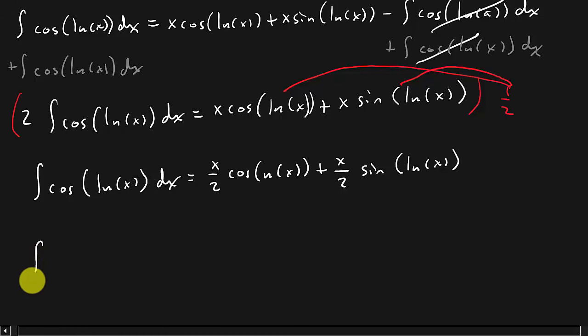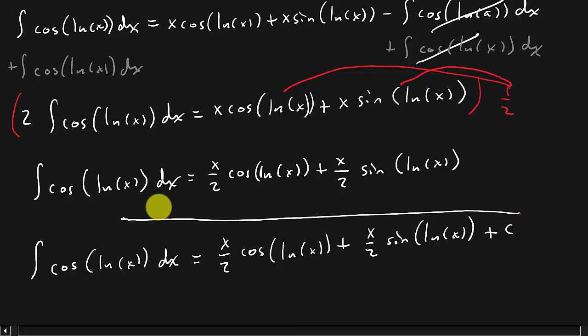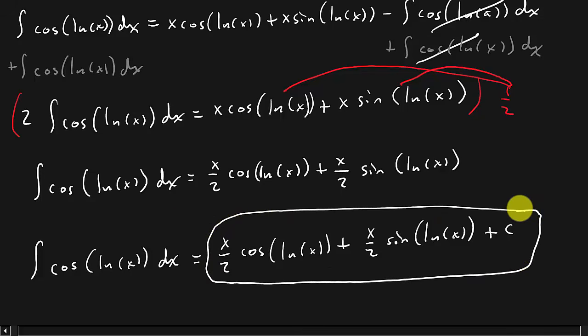And then we get the integral of cosine natural log x dx is equal to x over 2 cosine natural log x plus x over 2 sine natural log x. And what do we not forget? We do not forget the plus c. And there's your answer right there.